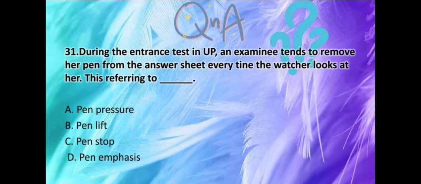Number 31: during the entrance test in UP, an examinee tends to remove her pen from the answer sheet every time the watcher looks at her. This is referring to letter B, Bravo, pen lift, because the keyword is remove her pen from the answer sheet.